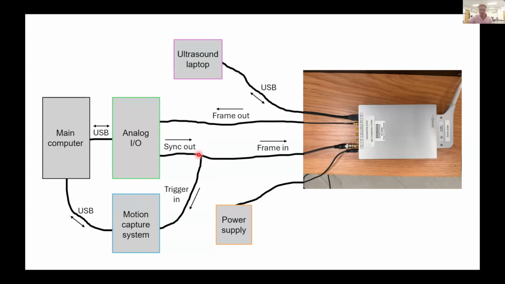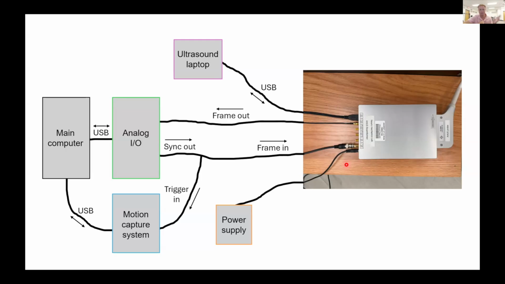We can send signals to the motion capture system and to the ultrasound module, reaching those systems at the same time so they can be triggered to start and stop together, which is important to make sure our ultrasound and motion capture data are perfectly synced up.